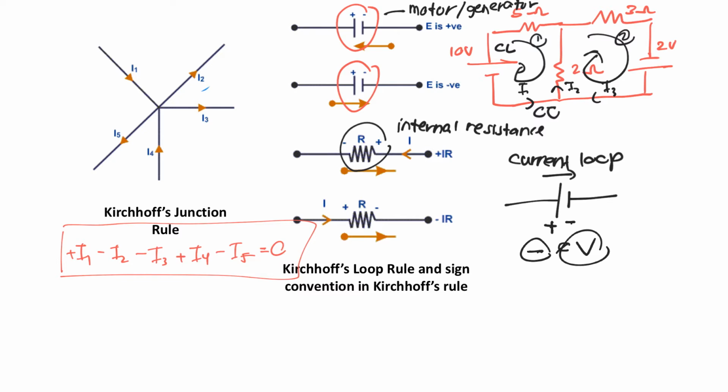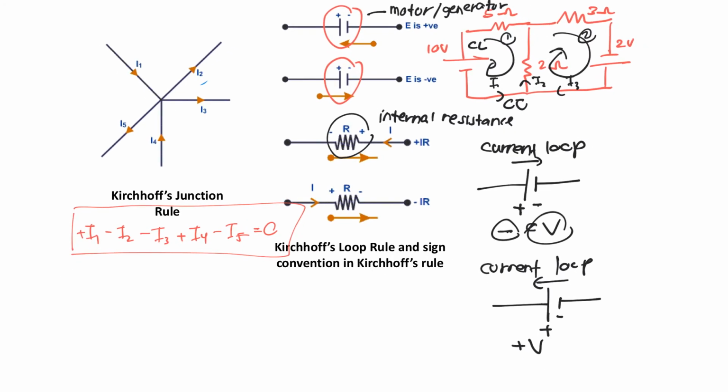If your current loop, which is your assumption loop, moves from lower to higher, negative to positive, lower potential to higher potential, we are going to look at the output, so your voltage is going to be positive. These two are applied also for the motor and generator.